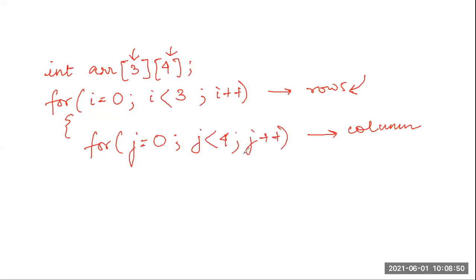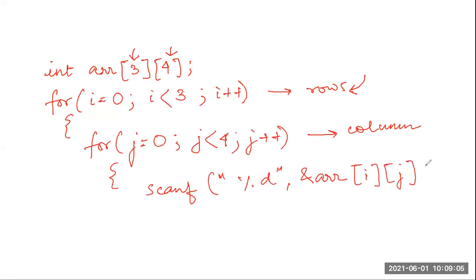And inside this is the scanf statement which I am using in order to access each and every element of my array. Okay. This loop is closed and this loop is closed.